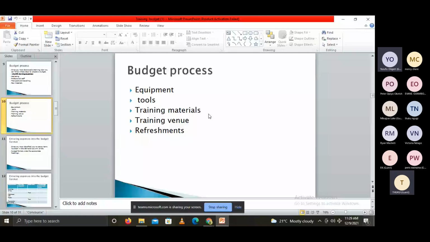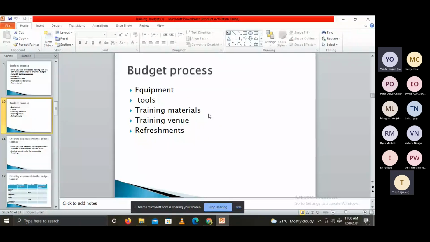Training materials are very essential. What are you going to use? Are you going to use books? Are you using flip charts? Are you using laptops or desktops?